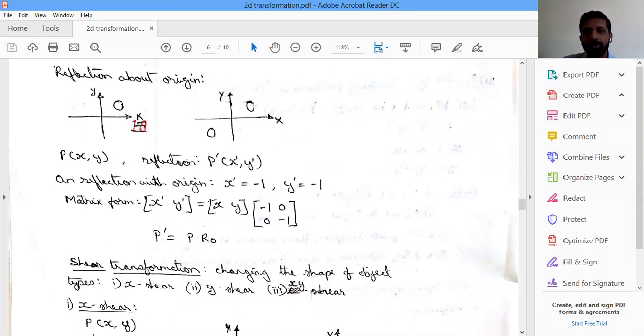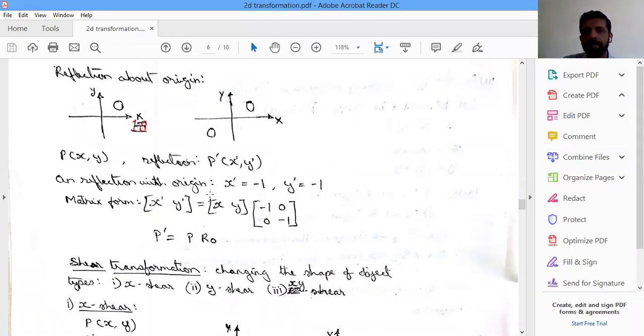On reflection, what is going to happen? Since it is going to be copied from the first quadrant to the third quadrant, both the x-axis and y-axis values are negative. So x dash should have a value of minus 1, and y dash should have a value of minus 1, because both of them are negative.